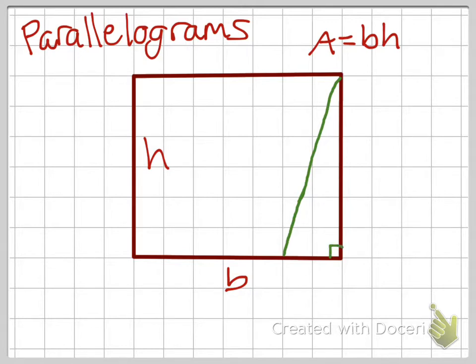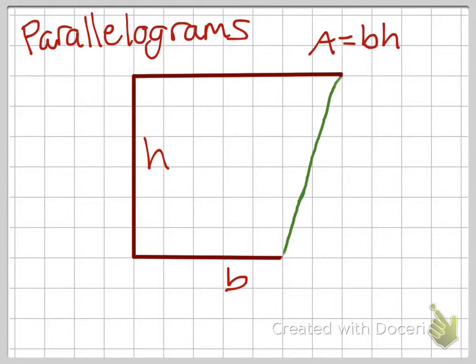Let's go with the dimensions. The base is 2 units, and the height is 1, 2, 3, 4, 5, 6 units. So I'm going to cut that triangle, the triangle that's 2 by 6, a right triangle, and physically remove it.